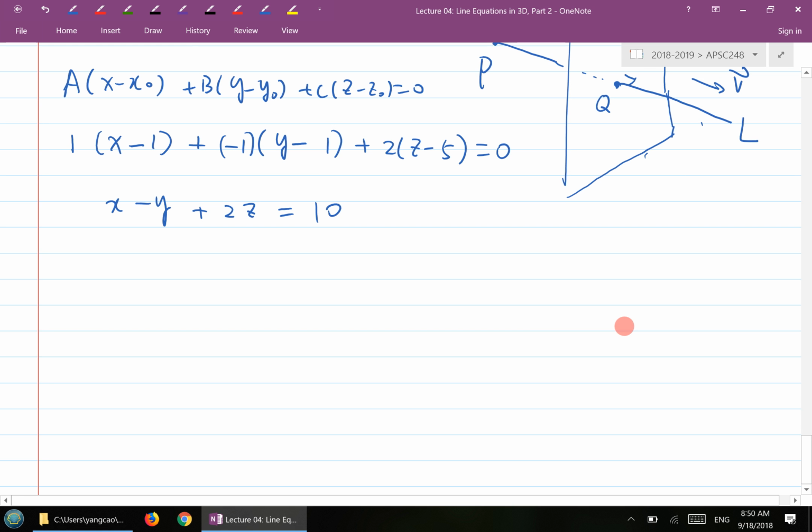Anybody? Yes? Insert the equations for line L into the plane equation. Exactly. That's how you normally solve for intersection: you substitute one into the other. In this particular case, you substitute the line L equation into this plane equation.